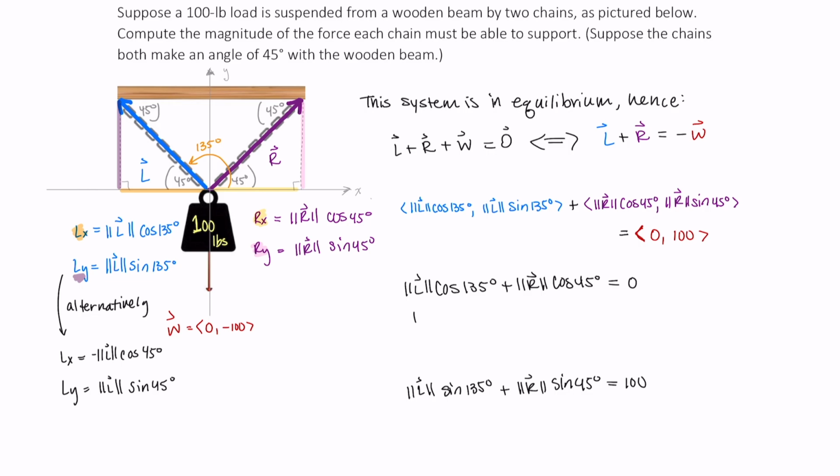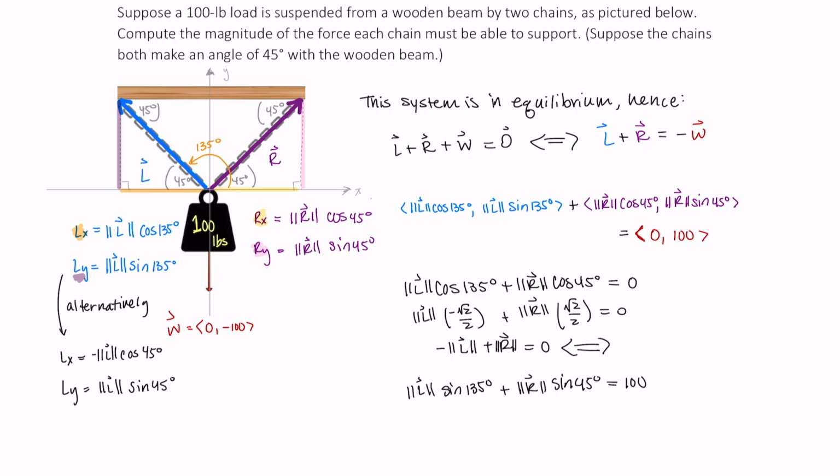Okay, so right below this, I have the magnitude of L times negative root 2 over 2 plus the magnitude of R times root 2 over 2 is equal to 0. That tells me that negative the magnitude of L, plus R, that is its magnitude, is equal to 0.